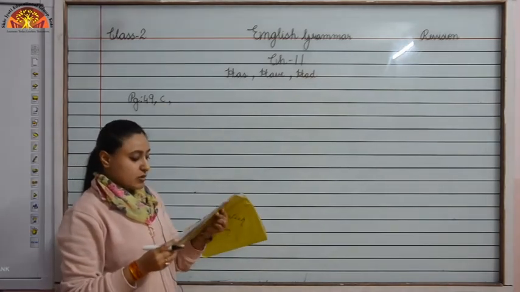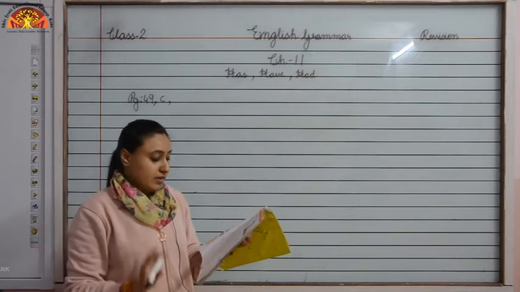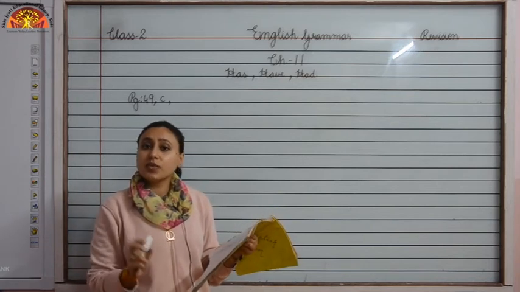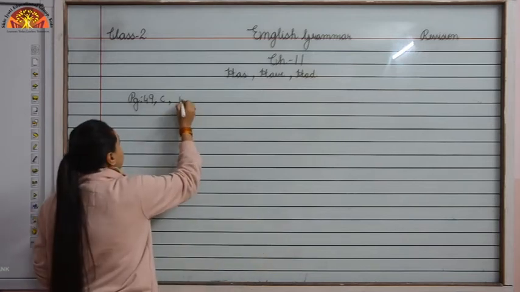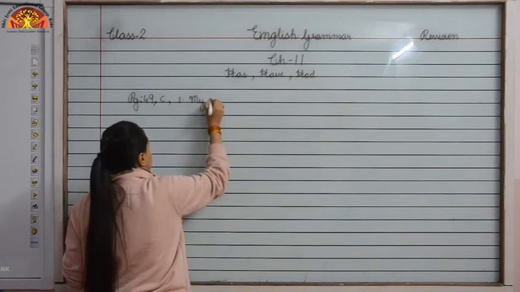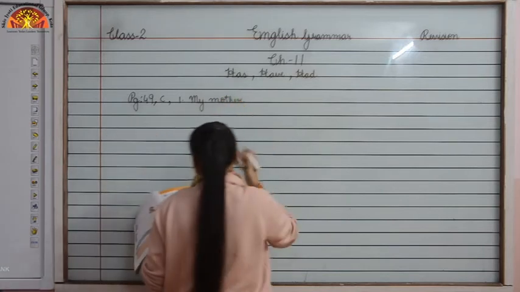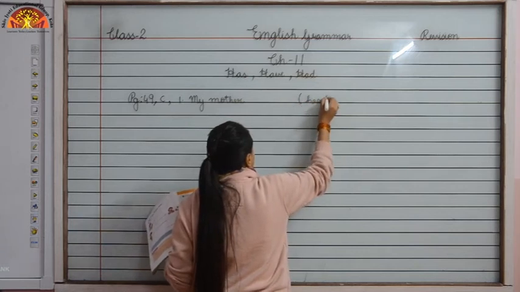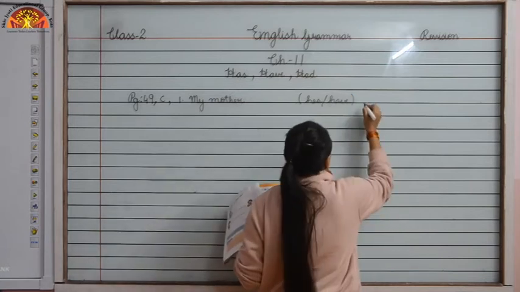Question C, page number 49. Fill in the blanks using the correct verb from the bracket. So children, verbs are given to you in a bracket. You have to choose which one is correct and fill the blank. Okay. Look at number 1. My mother dash the car keys, in bracket has and have is given to you.